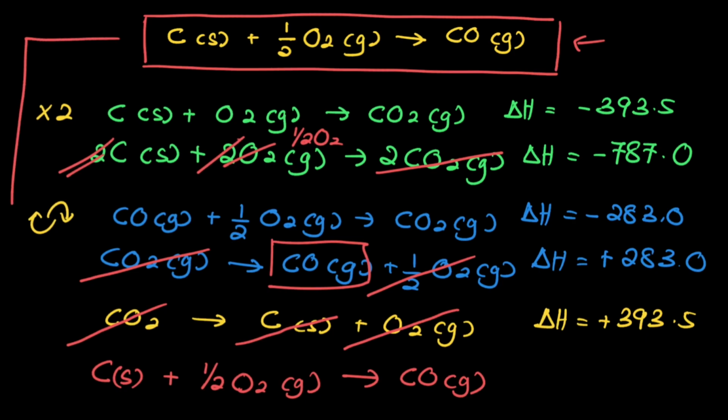So this equation fits this equation. What we are going to do with the delta H is the summation of all these delta H, right, to get the final delta H.